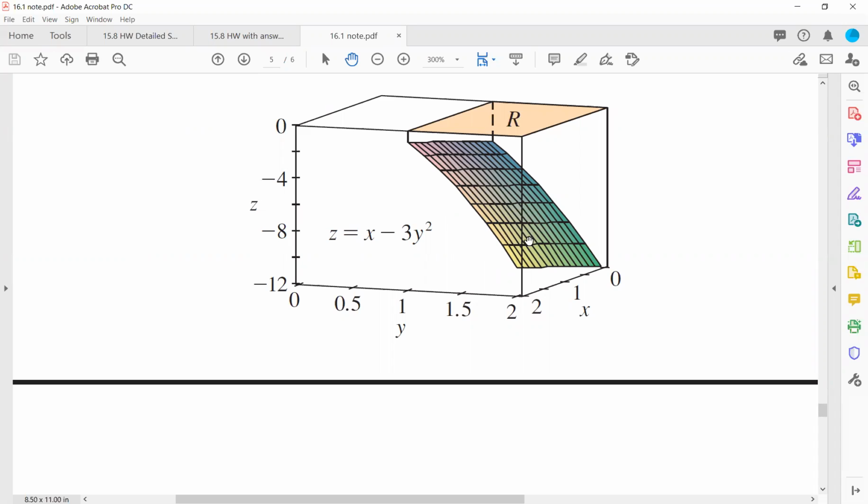As you can see, your z values over this given region are negative. That's why on the z-axis you see negative values. And this rectangular region is given here. So we're actually finding the volume of this surface bounded above by this region here.